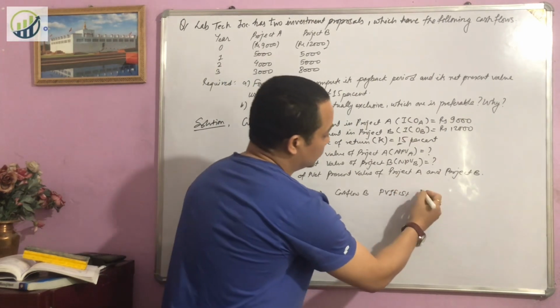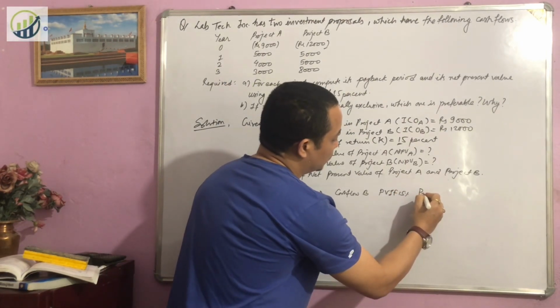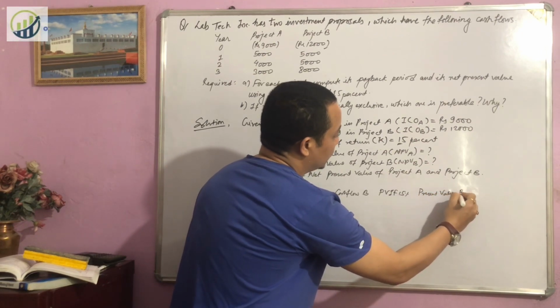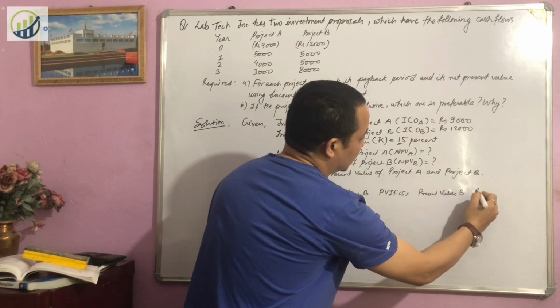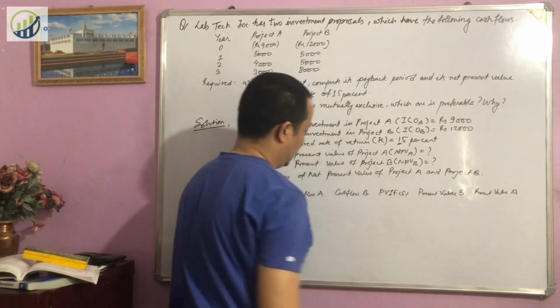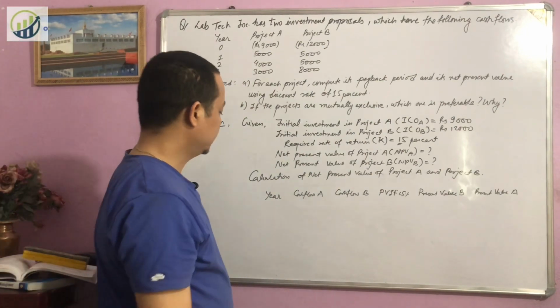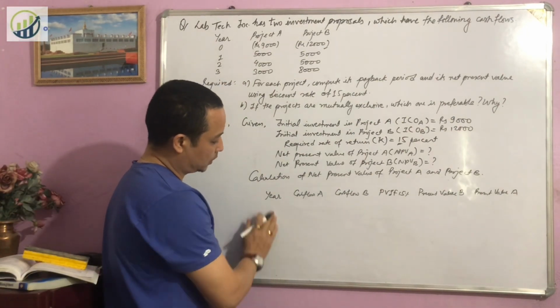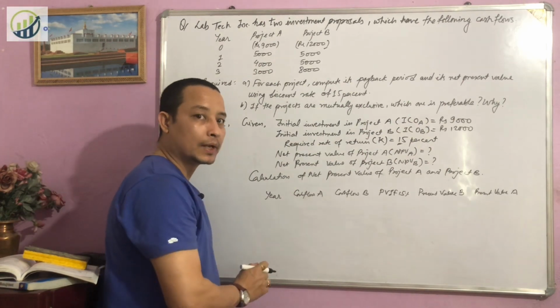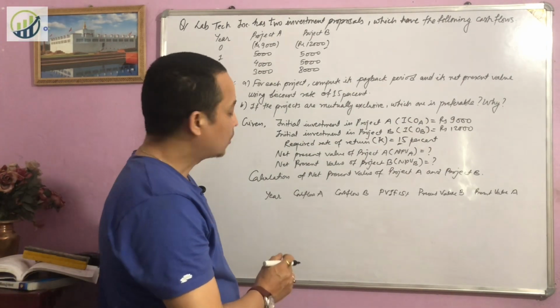Then you have present value of B and present value of A. So now let's put the cash inflows, then later on you have to deduct the cash outflow.